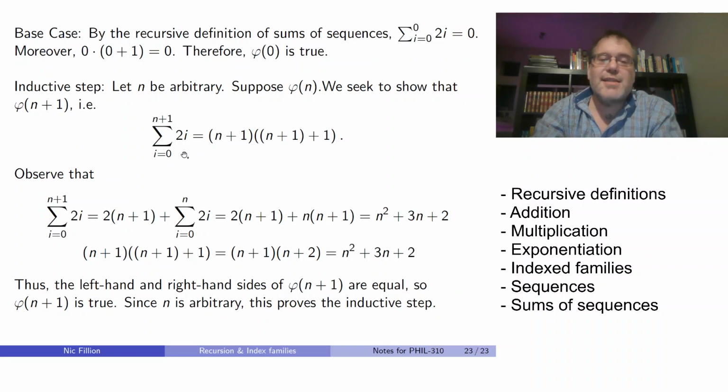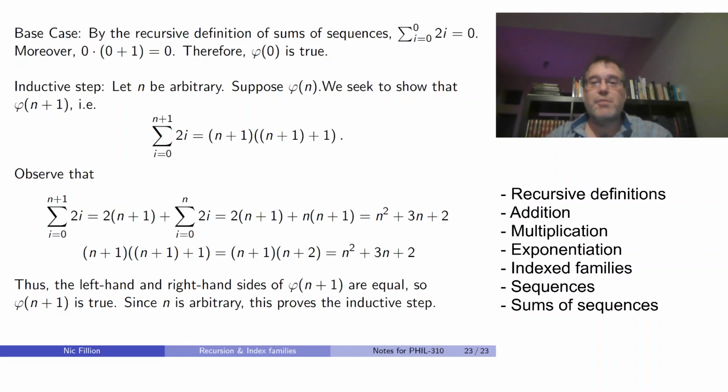So the left-hand side for n plus 1 equals the right-hand side for n plus 1, which shows that phi of n plus 1 is true. So phi n implies phi n plus 1. That completes the inductive step. And so the result follows by induction. So that's a beautiful proof, isn't it?